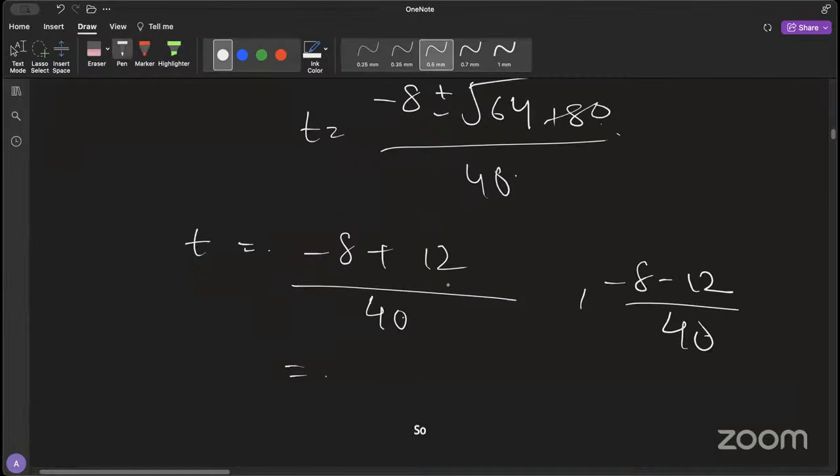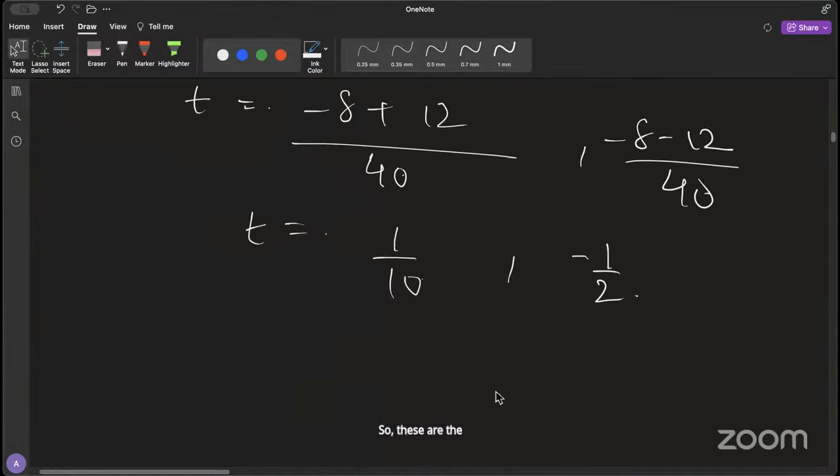So this is 1 by 10, and this is minus half. So these are the two values for t.